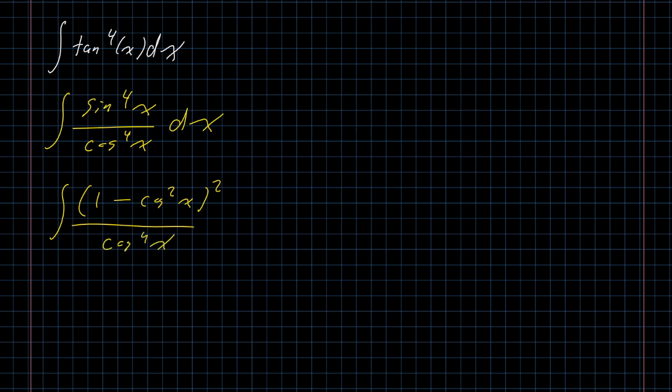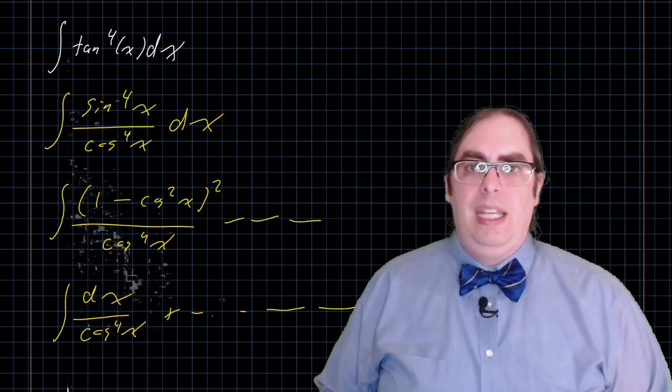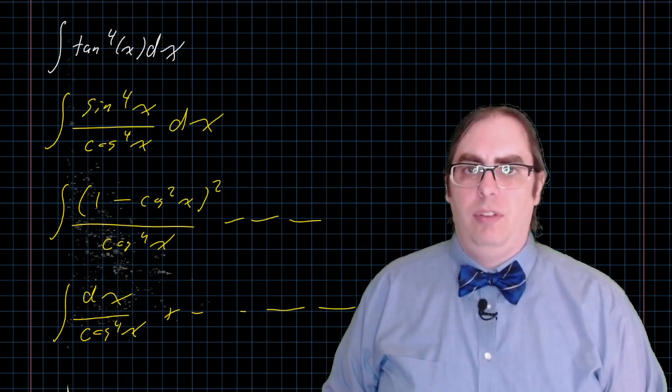Although I'm really not sure how I would approach it from here, because I will end up with a dx over cosine to the 4th x and some other stuff. And I think the only way to get anywhere from there is to rewrite it as secant, which takes us right back to where we started. So that non-example, I hope, gives you some indication as to why it's worth knowing these processes.